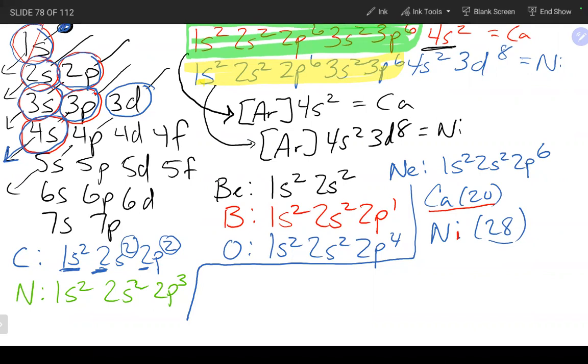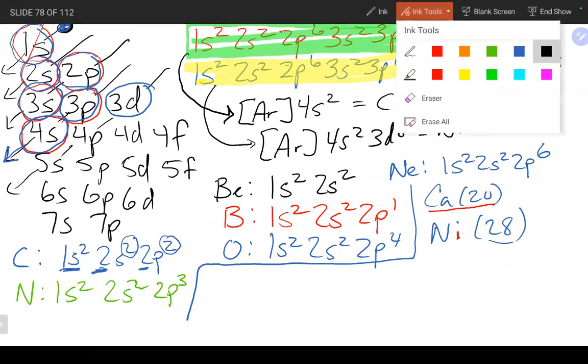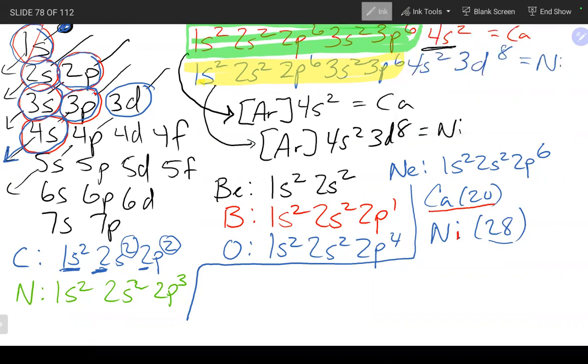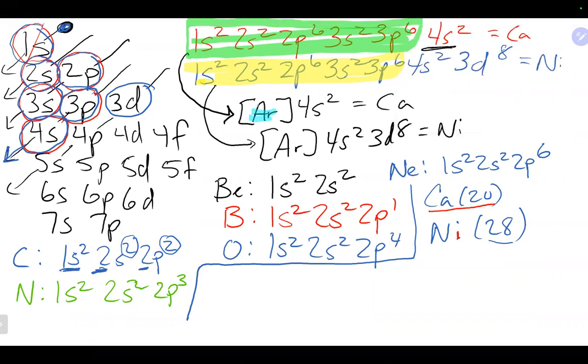Argon is group 8 on the periodic table. It is what is known as a noble gas, which means what goes in the brackets has to be from group 8, the noble gases. So it is the noble gas that comes right before the element.